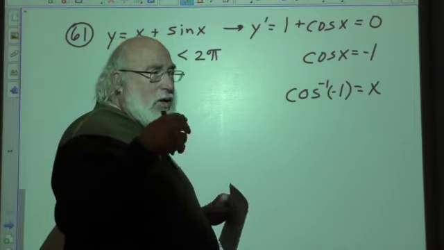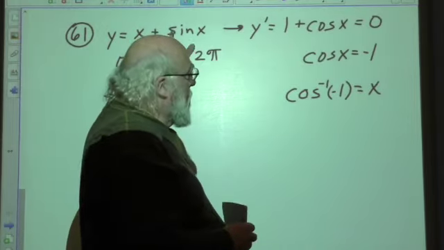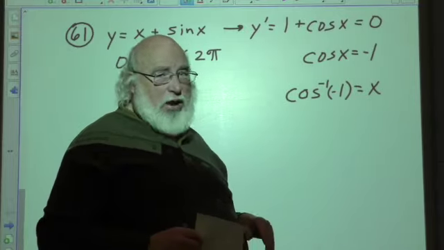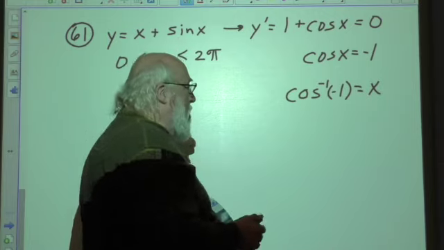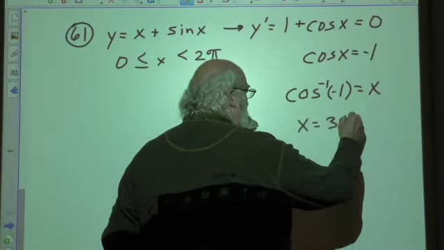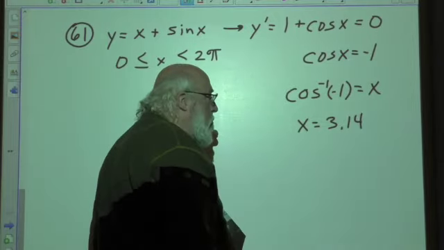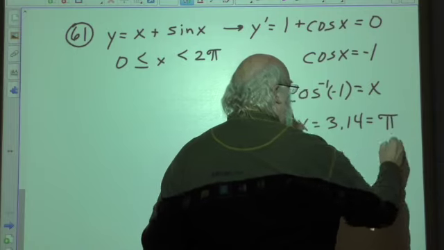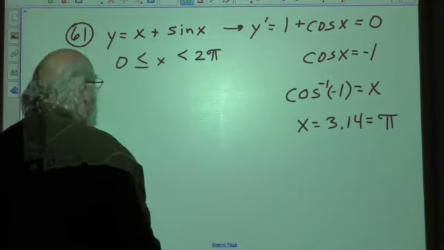Most of the derivatives and what we get called integrations are going to involve radians, so I'm going to get in the habit of using that. But what you're going to get for x is 3.14. That is pi. So our value of x is going to be pi.